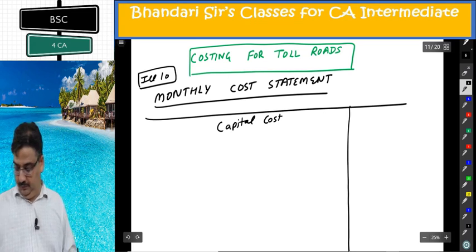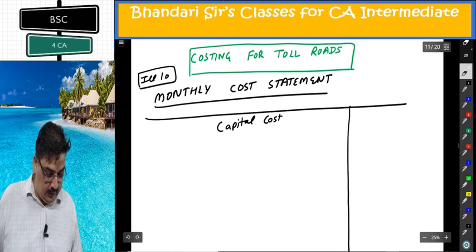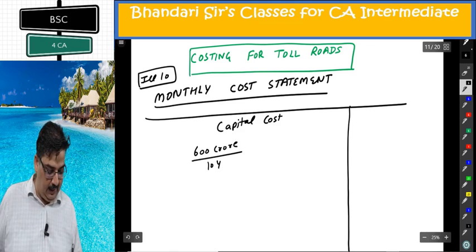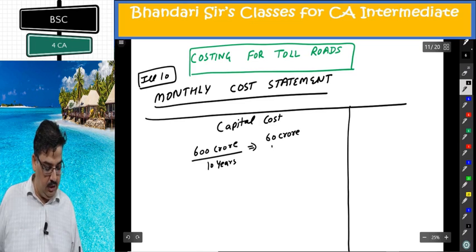Capital cost: 600 crore divided by 10 years implies 60 crore per annum, divided by 12 months.